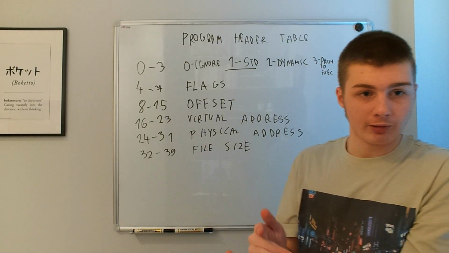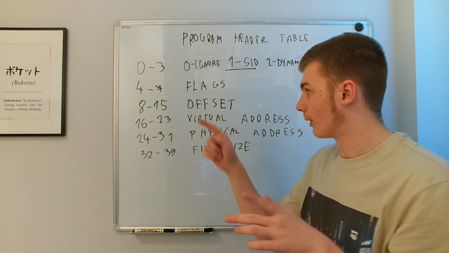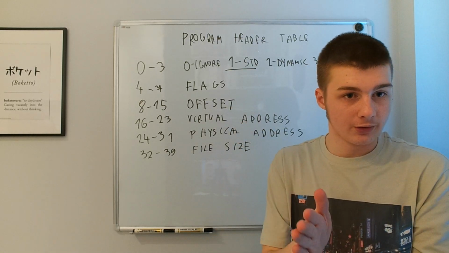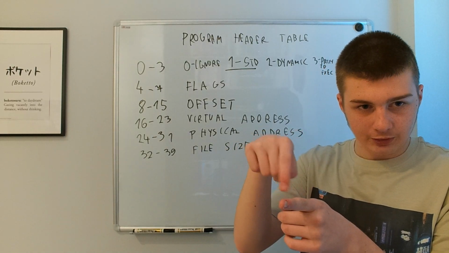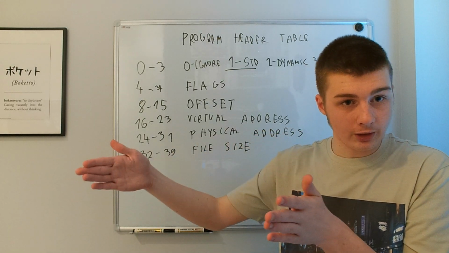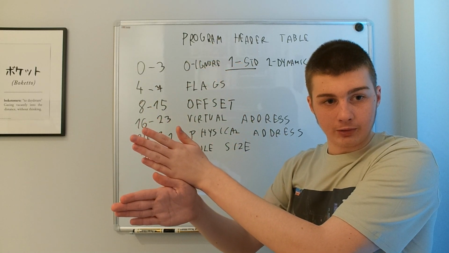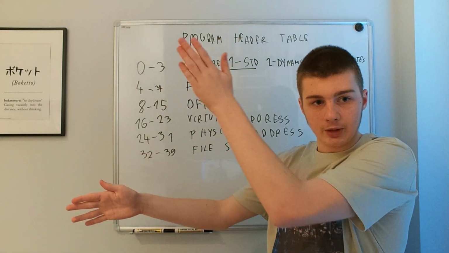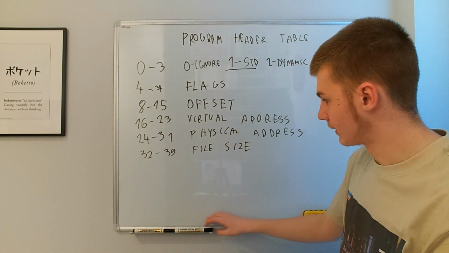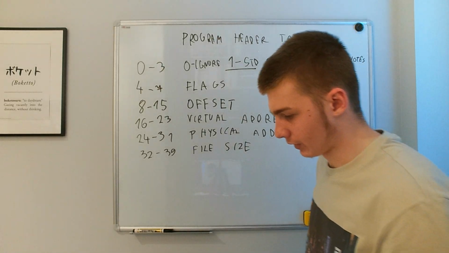The point where they begin, starting from the start of the ELF file, that is your offset, right? You will add your offset to where you have loaded your file, and you'll get your section. Then if you add the file size, which is in bytes, you'll get the end. This is how much it actually takes up in the file.